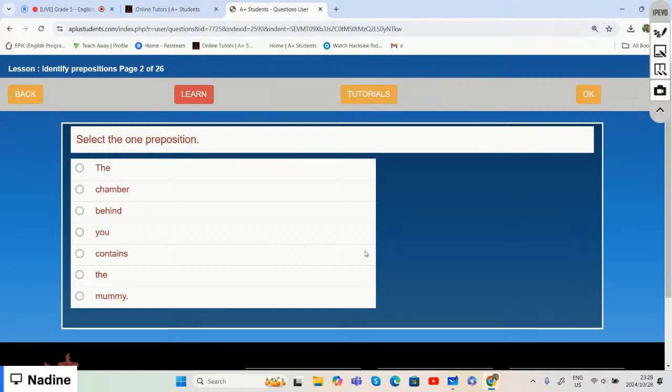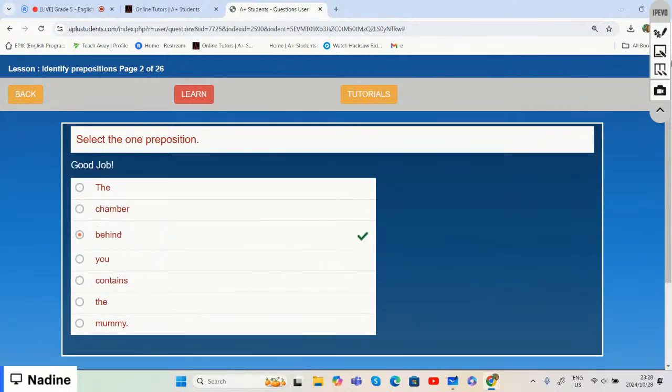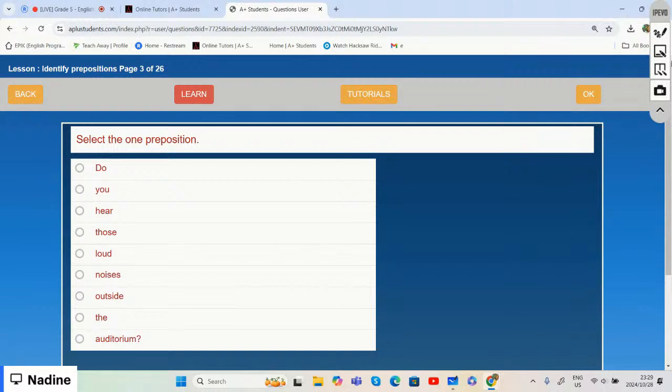So we need to select the preposition within that sentence. And if we were to select the preposition, yes, we're going to select the preposition behind. Well done. Behind is correct.